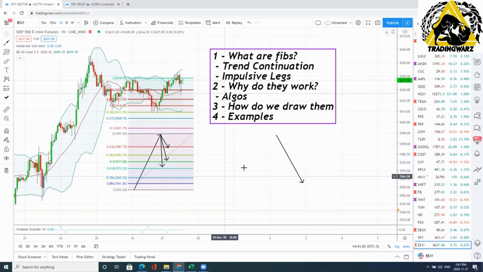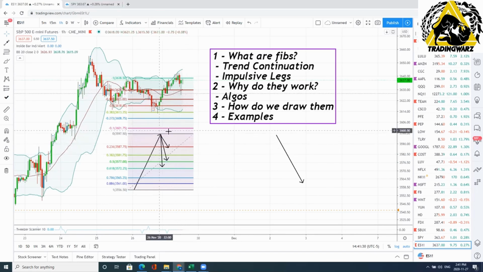Now we have the impulsive leg and we have the retracements. What we are expecting from these retracements is continuation of the initial leg. This is what we call reading price action. If we have a push like this up and a pullback to the Fibonacci levels, we're expecting a pop back up either to this previous resistance or somewhere in this zone.